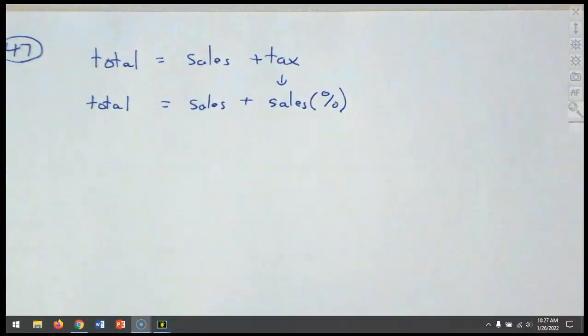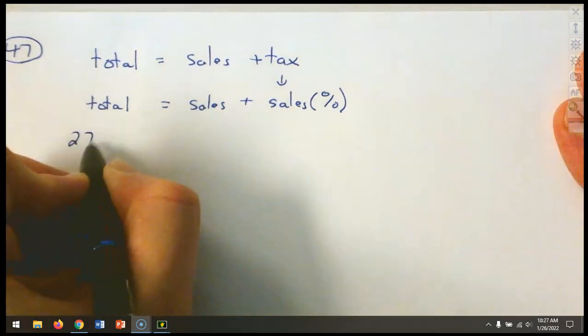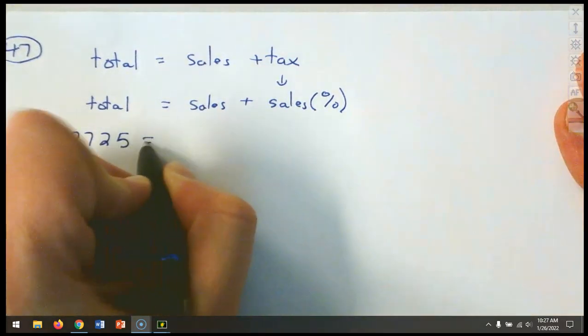So what do we now know? Well, when we read this question on 47, we know that at the end of the day, when you open up the cash register drawer, you found $27.25 in there.